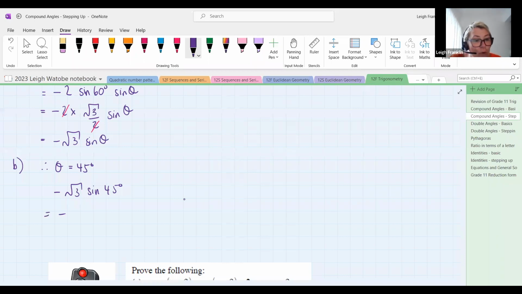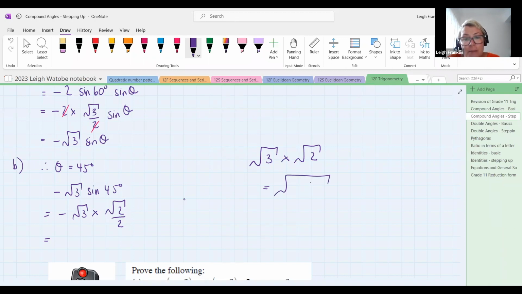Now we can use our special angle: the sine of 45 is root 2 over 2. If you recall from last year, when multiplying root 3 with root 2, you're allowed to keep the root and multiply the numbers together. That would give us root 6. So this would end up being negative root 6 over 2, and that would be our final answer.